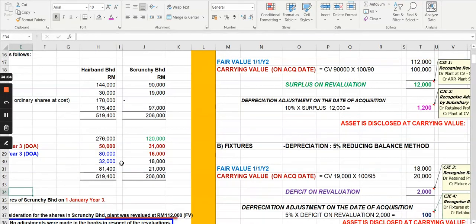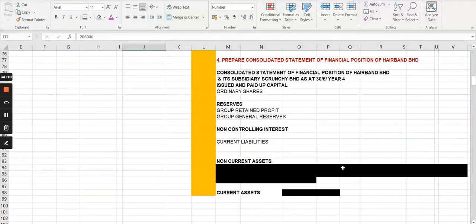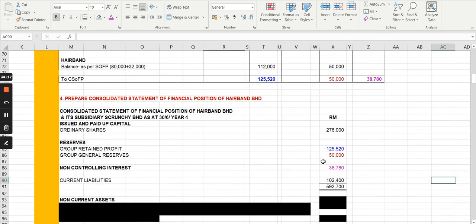The current liability comes from 81,400 plus 21. You can do the workings here. Plus 31. So you have the figure for the current liabilities.